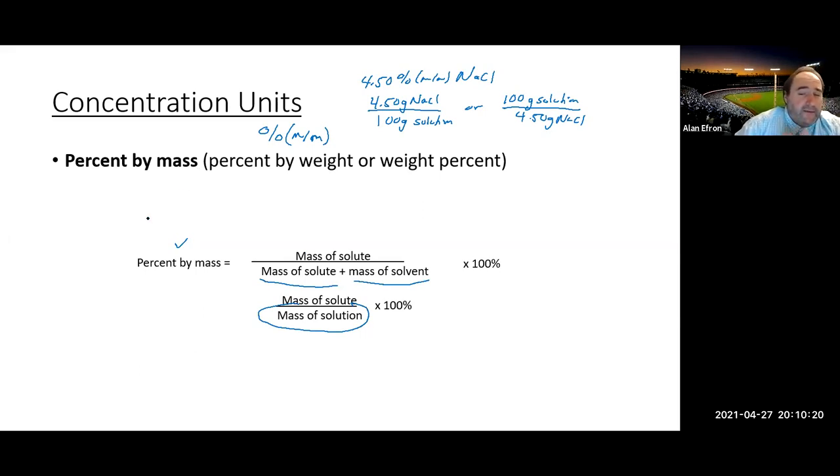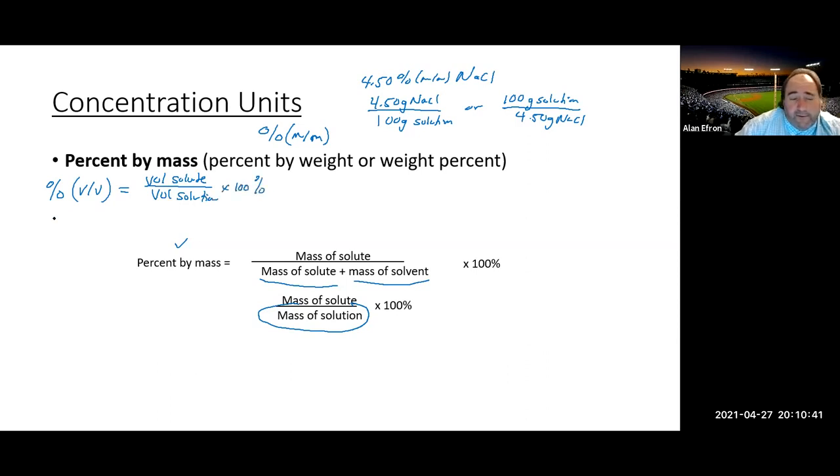This is actually not the only percent concentration that is used. There's also percent volume to volume, like in alcohol, and that is the volume of solute divided by the volume of solution times 100%.